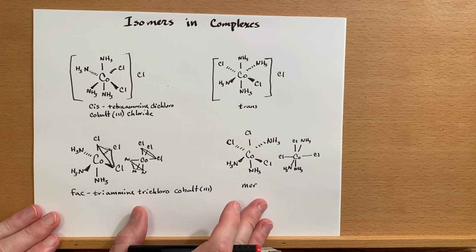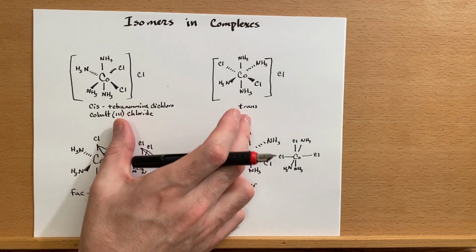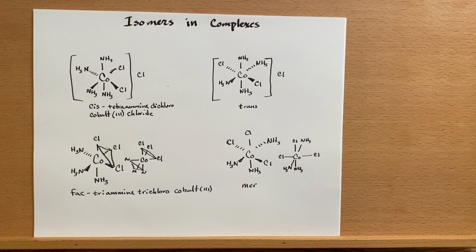Now, cis and trans isomers are also possible when we have a carbon with a double bond, so there's no rotation about the carbon bond, but you can also have cis and trans isomers in inorganic complexes. This is possible.